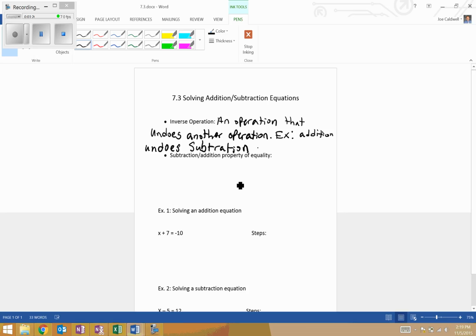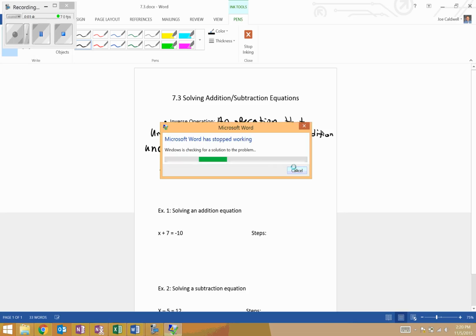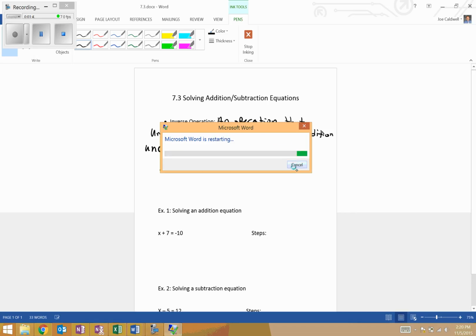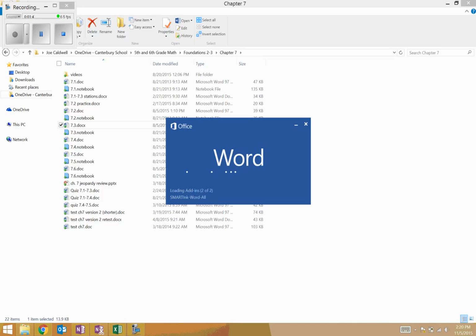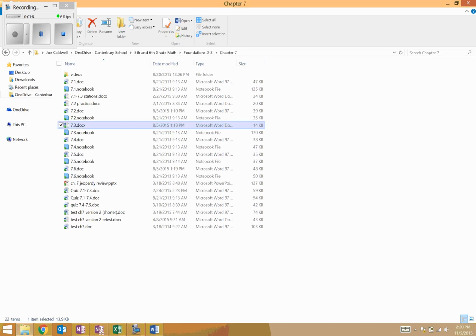Our subtraction and addition property of equality is basically what it says: if you add or subtract the same number from each side, the equation will still be equal. Okay.